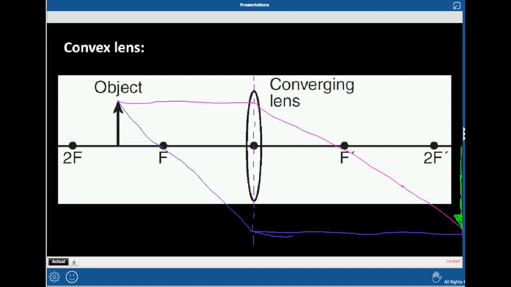Now, for convex, it's like a concave mirror. There are lots of different choices. And you can also draw one through the center. I always forget that one. I never seem to do that one. Let's see if I can get it to look right. Should kind of go where these two meet.